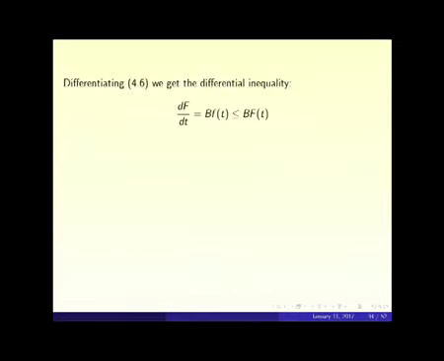dF by dt equals B times little f. But B times little f is less than or equal to B times capital F. You got a differential inequality. You will proceed exactly as you do with a linear equation. Multiply the differential inequality by e to the power minus B into t.